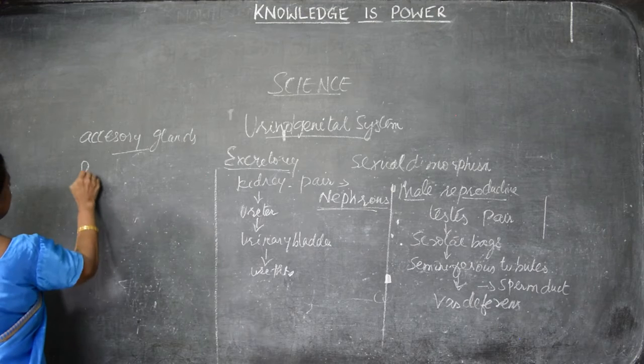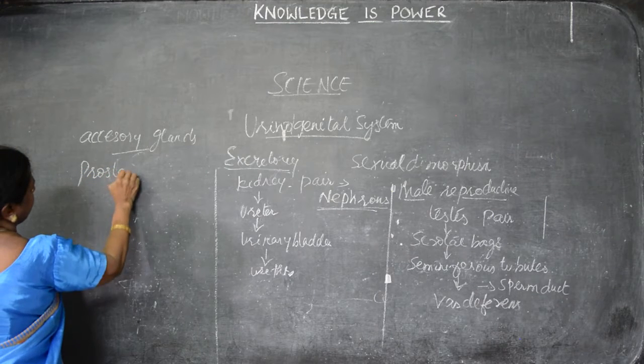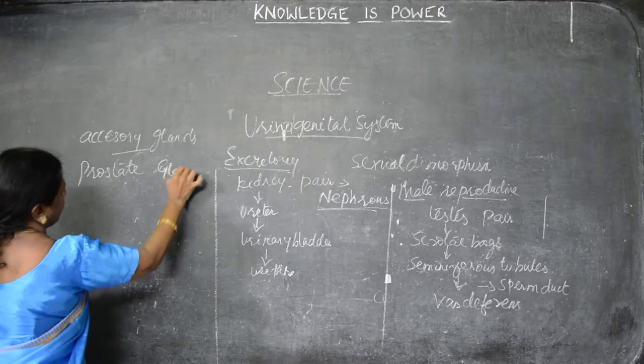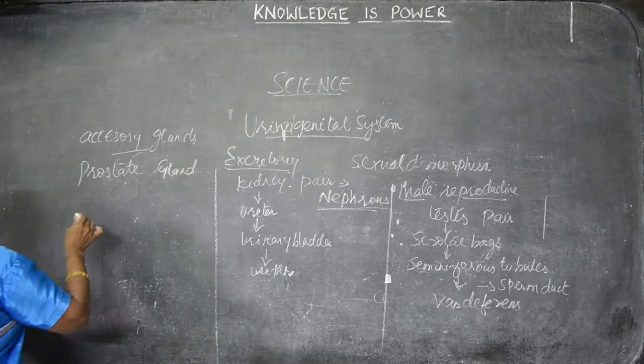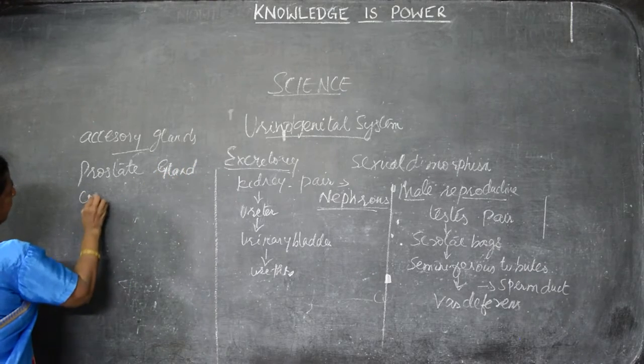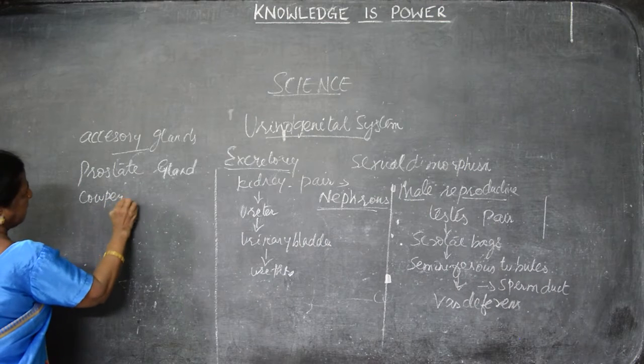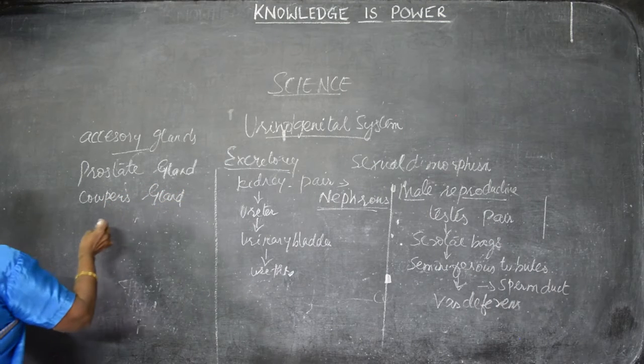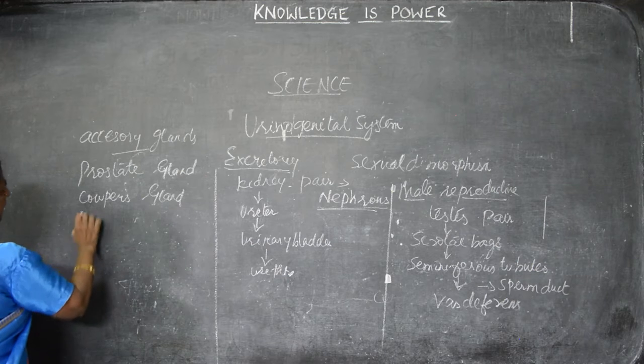That is the prostate gland, Cowper's gland, and perineal gland.